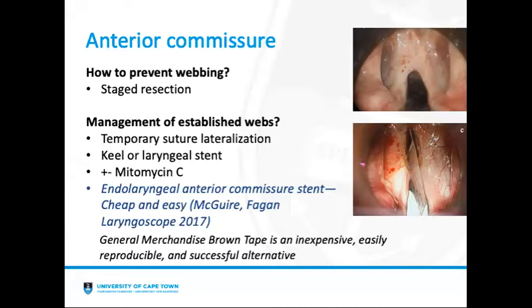Traditionally expensive preformed silicone stents costing in excess of $250 US or keels fashioned from equally expensive silastic sheeting are used. However, in a study conducted in our unit by Dr. Maguire and Professor Fagan, they demonstrated that a keel fashioned from inexpensive brown general merchandise tape was safe and equally effective.